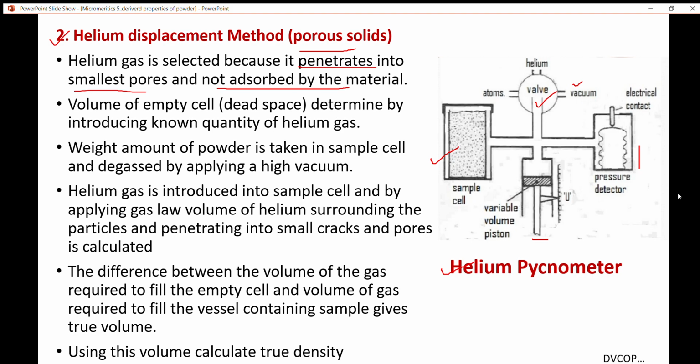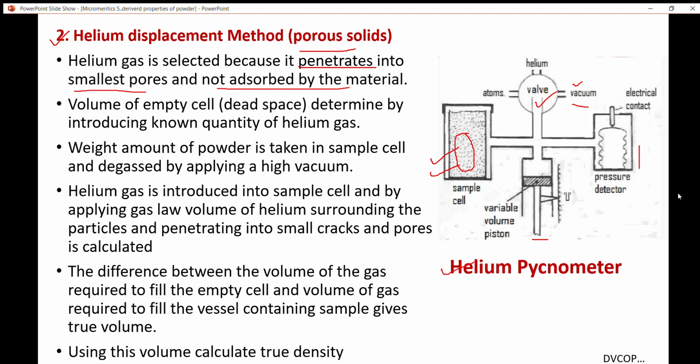First, the dead space of the sample cell is determined by introducing a known quantity of helium gas. Then a known amount of the sample whose density is to be determined is placed into this sample cell, and by applying vacuum the sample is degassed, meaning the gas or liquid present on the powder is removed.